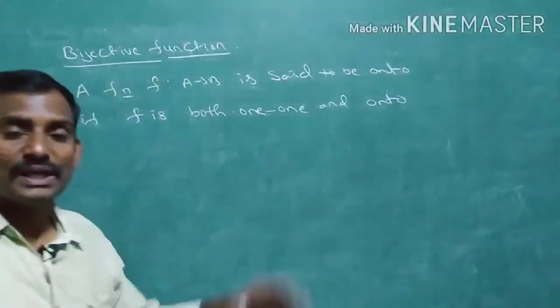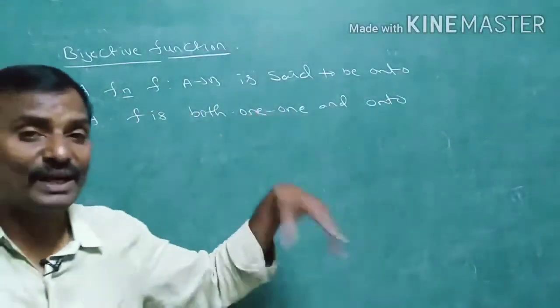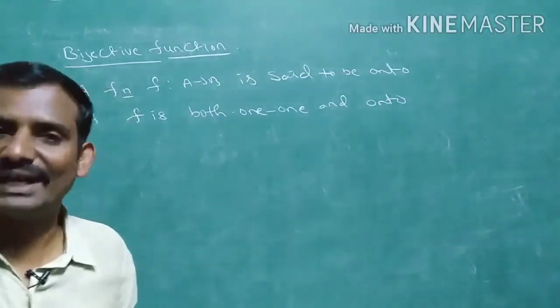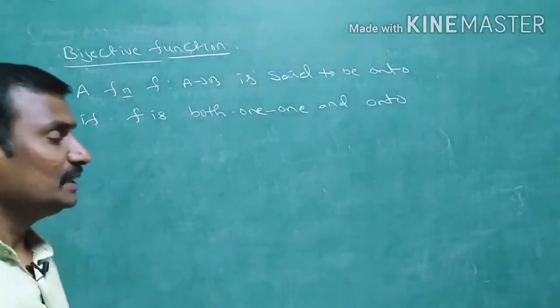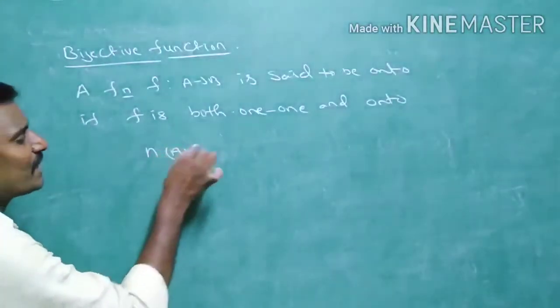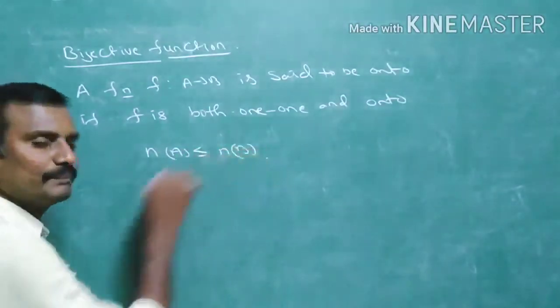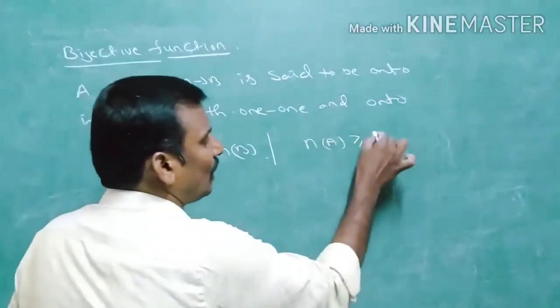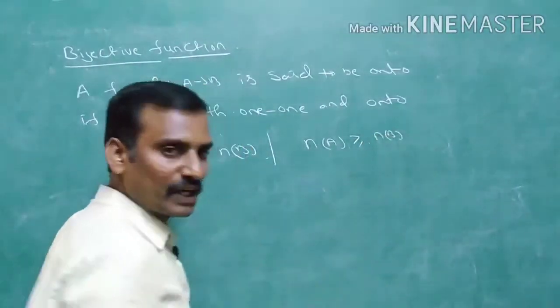So if the function f is both one-one and onto, that function is called a bijective function or a one-one and onto function. Okay, so if f is one-one, what is the condition? n(A) is less than or equal to n(B). If f is onto, n(A) is greater than or equal to n(B).